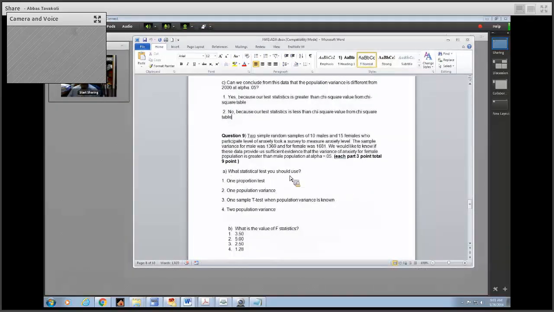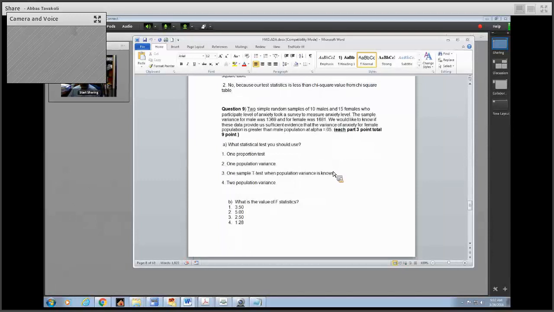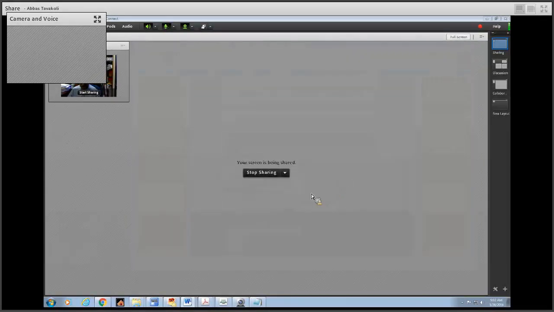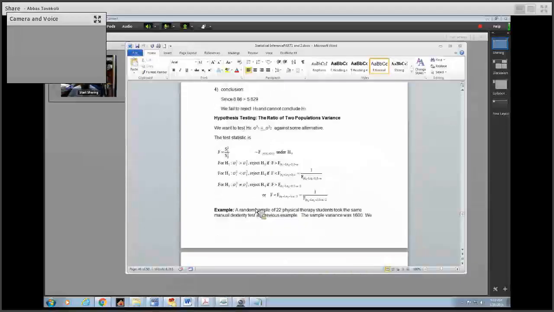If your test statistic is not between them, then you reject, the same way. You want to say whether your test statistic is less than this or greater than that. If it is, then you reject the null. If it's not, you fail to reject. So make sure you understand that.